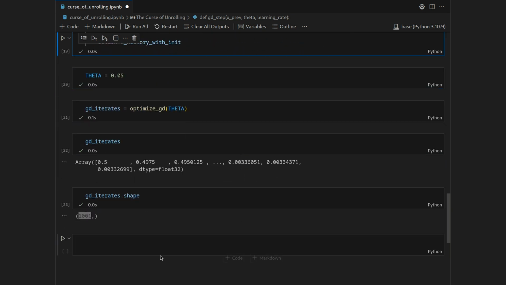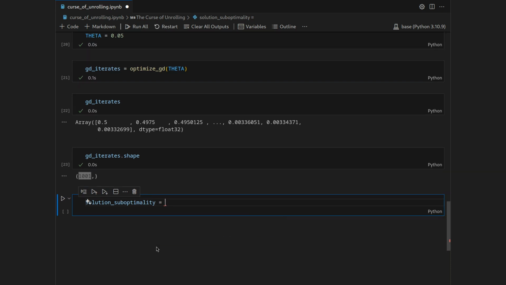With the iterates, we can compute the solution suboptimality. Suboptimality in that sense means how far we are away from the optimal point. Since we're here in this quadratic convex optimization problem, and also in the scalar case, we have access to the analytical optimizer, and so we basically can measure the distance we are away from this analytical optimizer.